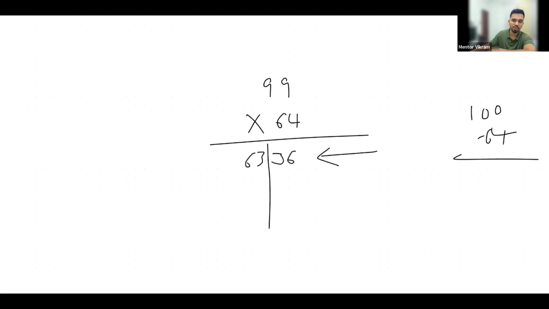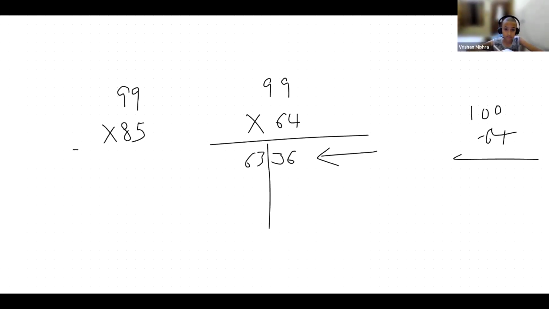Okay, let's try one more. So, 99 into 85. 8415.